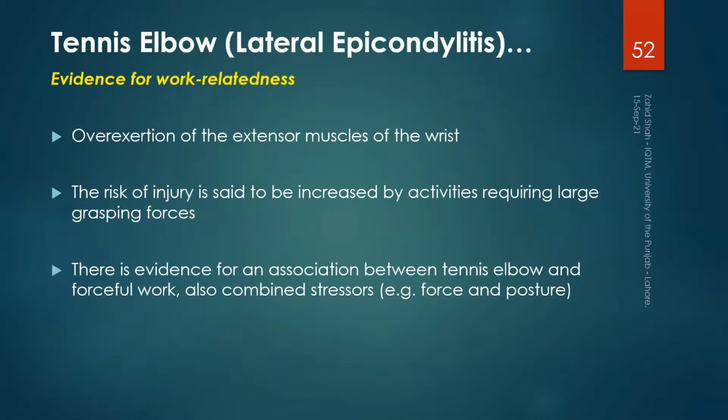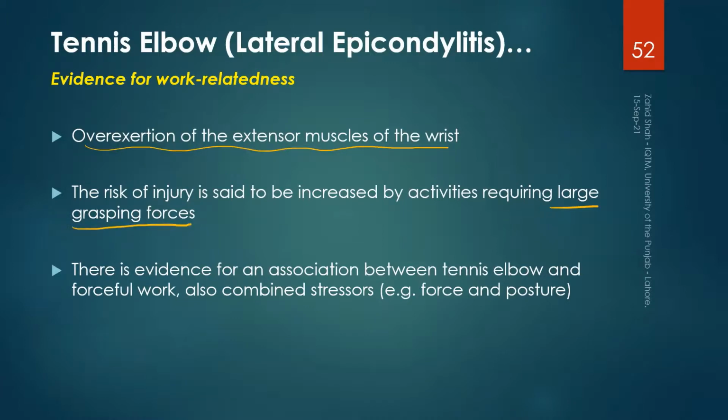So evidence for work-relatedness: overexertion of the extensor muscles of the wrist, as I mentioned. And you should keep in mind that the extensor muscles of the wrist lie in the forearm. The risk of injury is said to be increased by activities requiring large grasping force. So just like in tennis, in the case of butchers, a lot of grasping force is required.